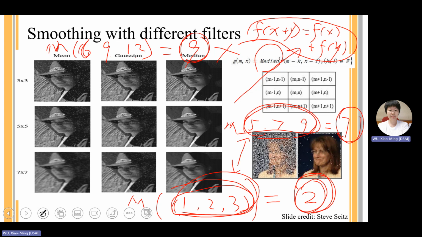What's wrong? So the median filter is linear? Okay, so this is just a coincidence. Can you give some counterexample that this property doesn't hold for the median filter?